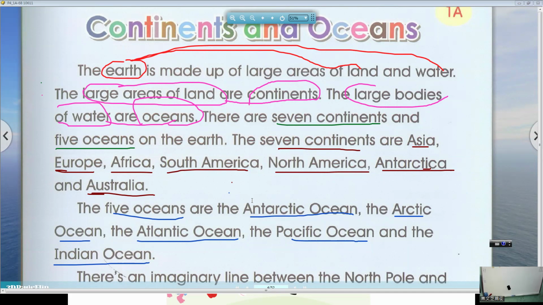Sometimes they call it Antarctic Ocean, sometimes Southern Ocean. But since your book says Antarctic Ocean, you just use Antarctic. Okay? All right.